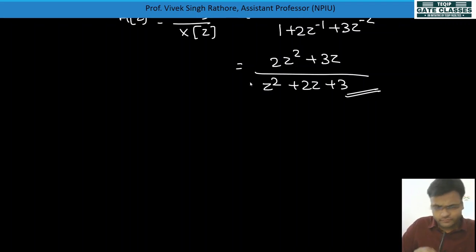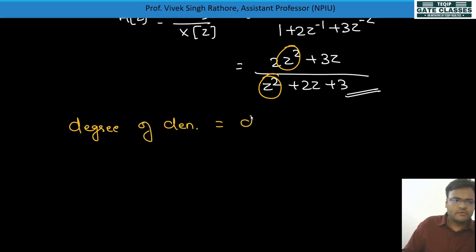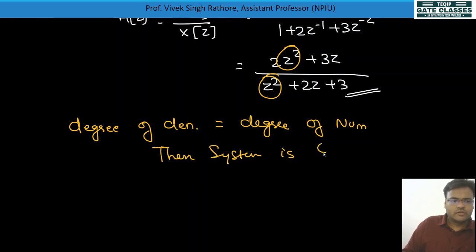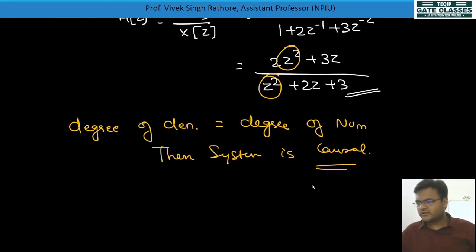So one trick is there: whenever the degree of denominator is equal to the degree of numerator, then the system is causal. This point you can also remember. So this will be a causal system response.